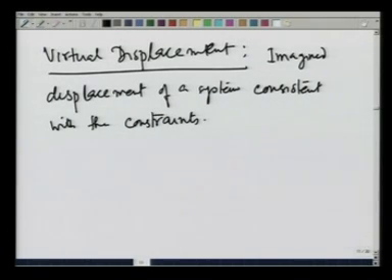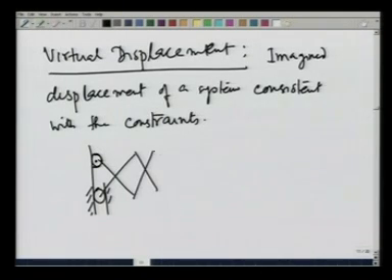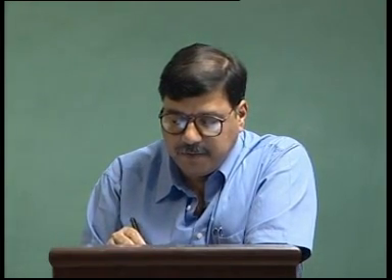I have already given you the example of the pendulum. This mechanism again, if I go back to it, the only way I can change its configuration is by changing the theta. So, if it is in equilibrium under this force F here and its own weight, the virtual displacement would be delta theta.